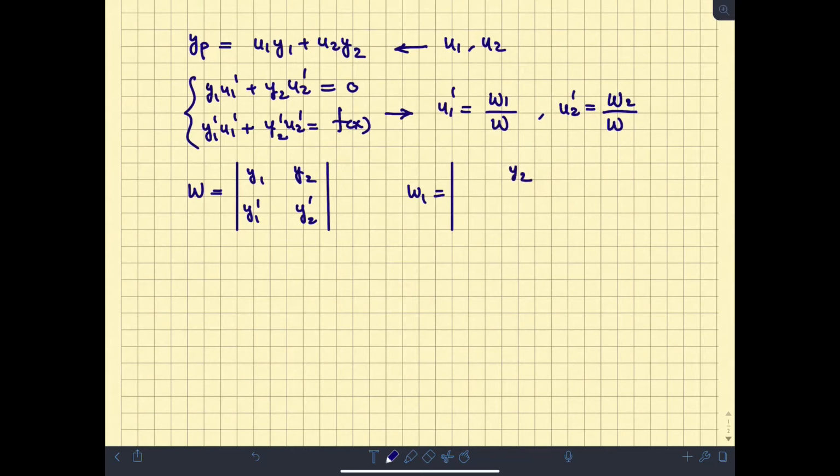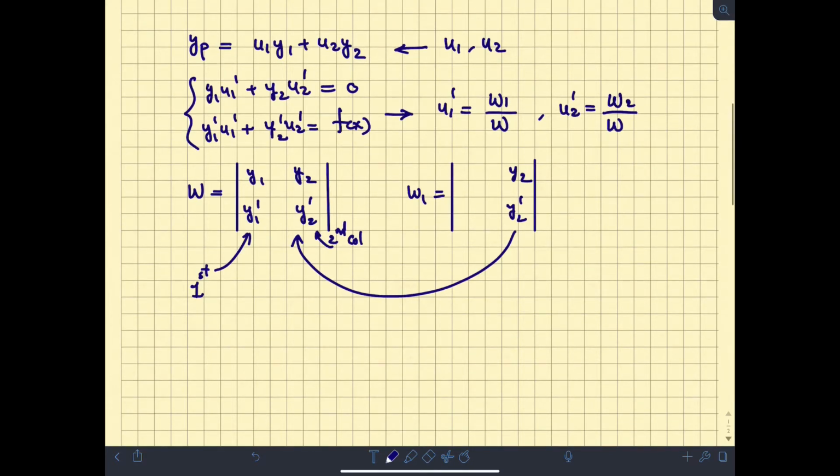So y2 and y2 prime, that's the second column. This is the first column, and this is your second column of your determinant. So if you're trying to find w1, keep your second column intact without touching it, and change the first column to 0 and f of x.